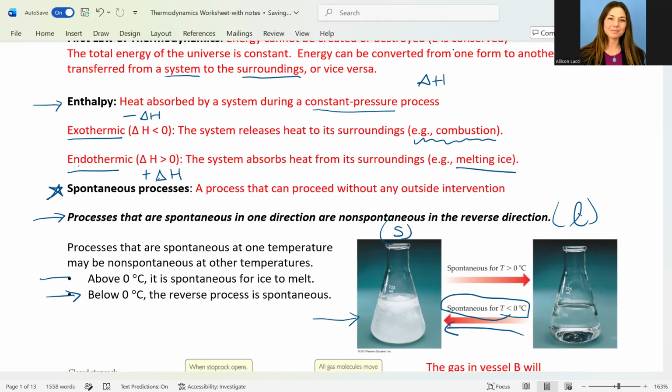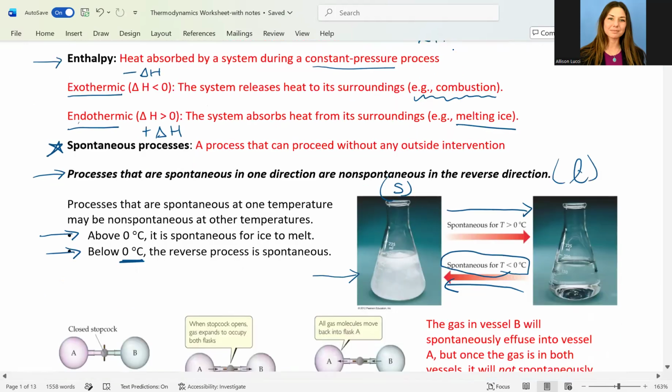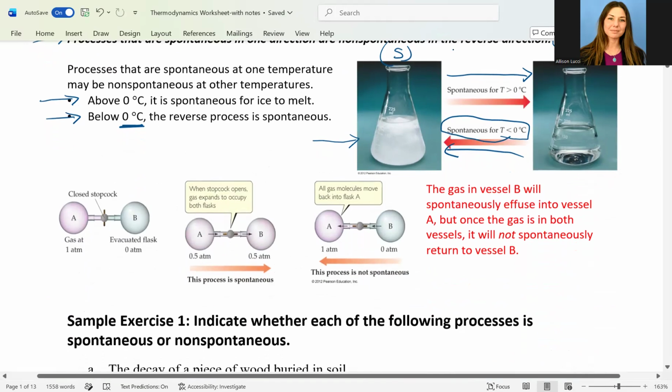But if we're above 0 degrees Celsius, so room temperature, for example, is around 25 C or so, the forward process here, going from solid to liquid water, would occur. Again, under the same conditions at a certain temperature, so 0 C, we would see spontaneous in one direction, but non-spontaneous in the reverse. At 0 Celsius, water does not start to melt. Or ice in this case would not start to melt.